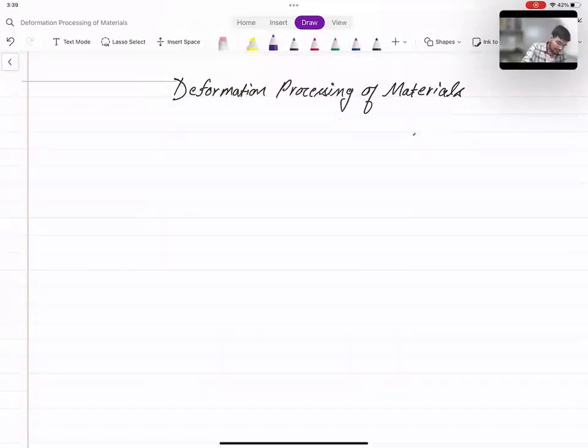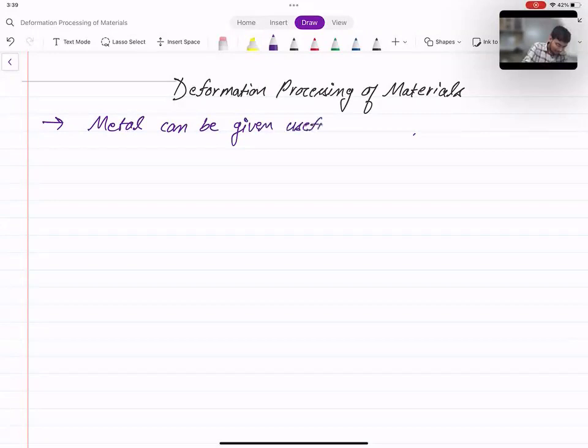Basically, metals can be given useful shapes through two ways.